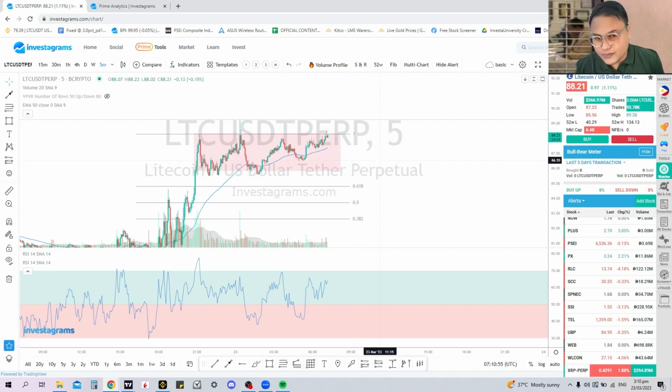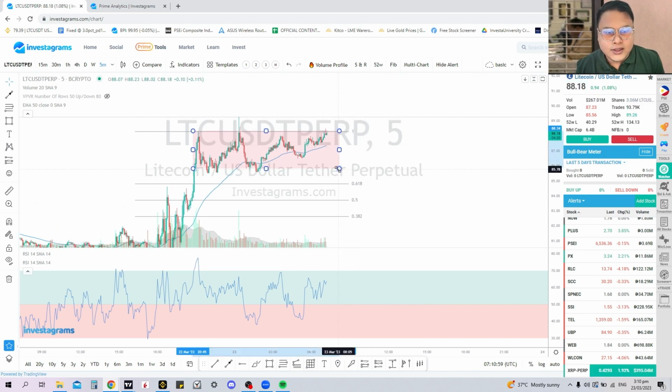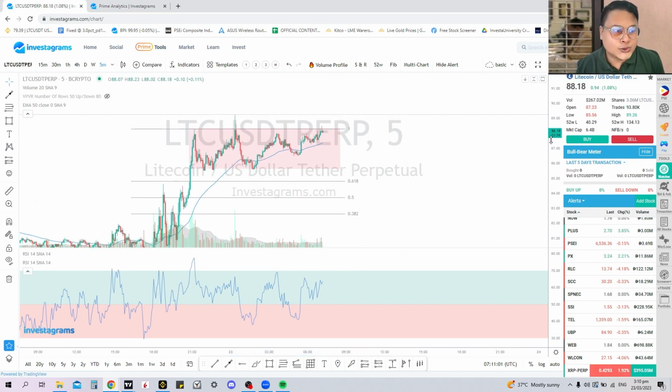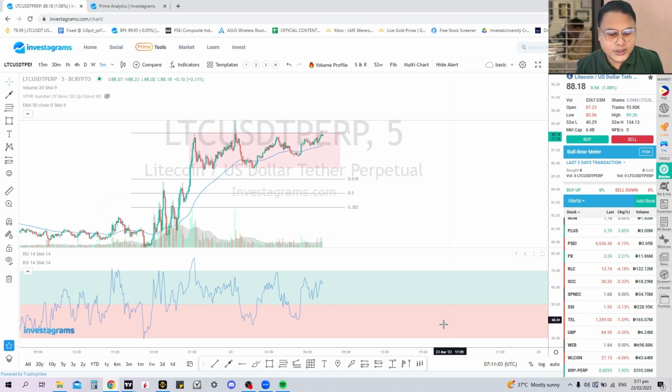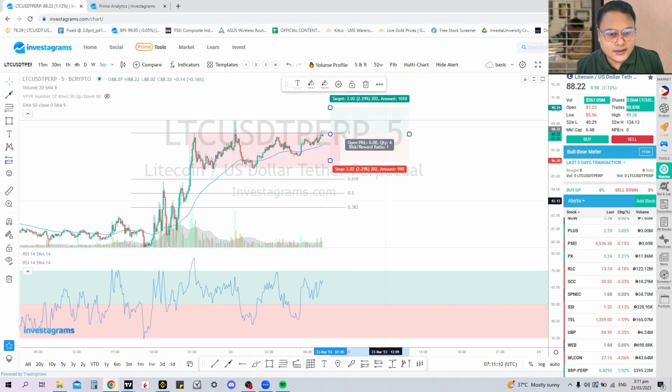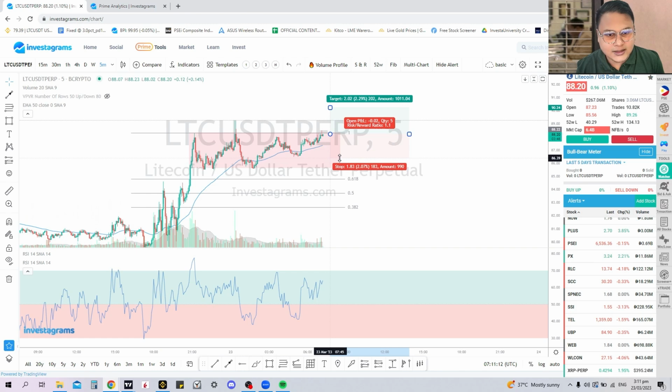Pwedeng in anticipation or just wait for a breakout. So i-apply muna natin yung natutunan natin or yung tinuro ko na trade planning process. So in this case, ito yung magiging entry natin at this level. Stops is at this level, just a few ticks below this support level.